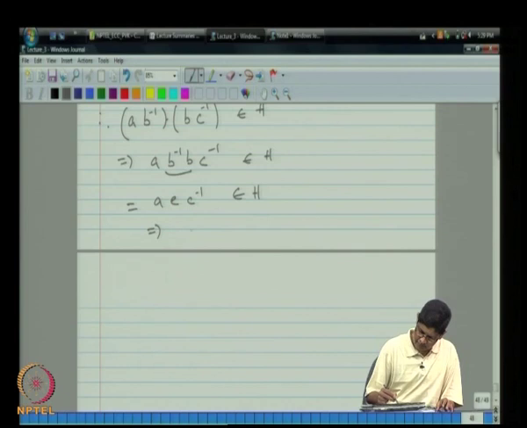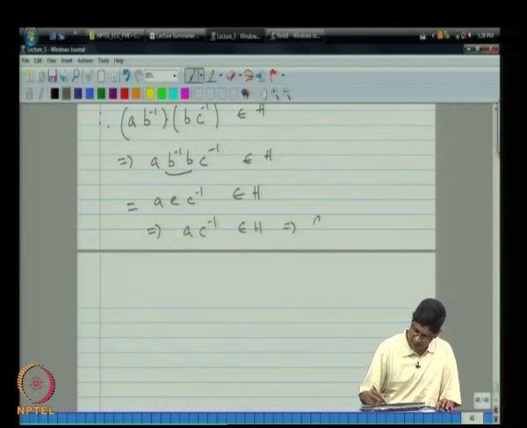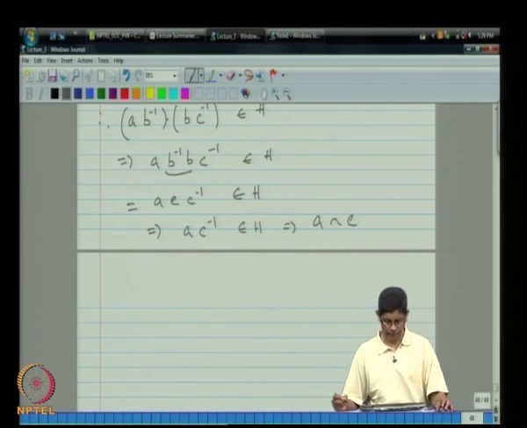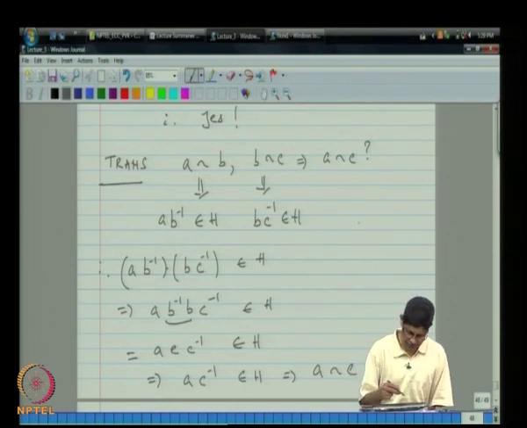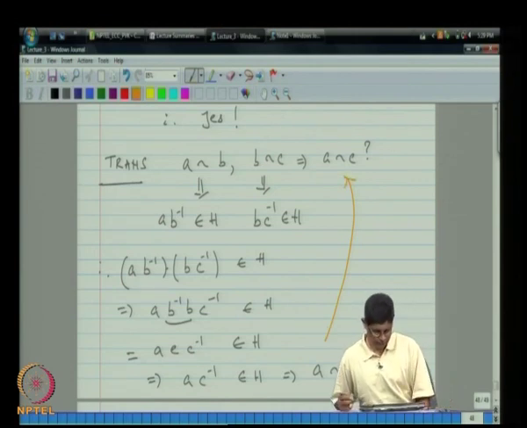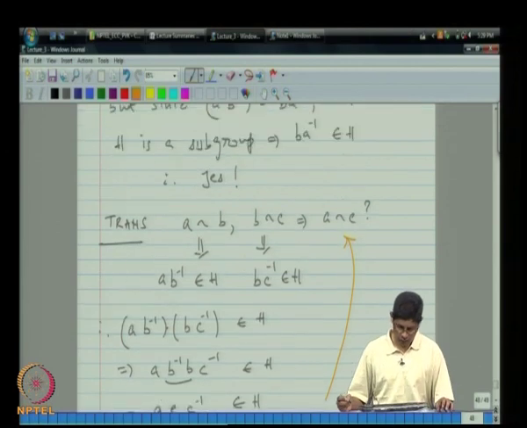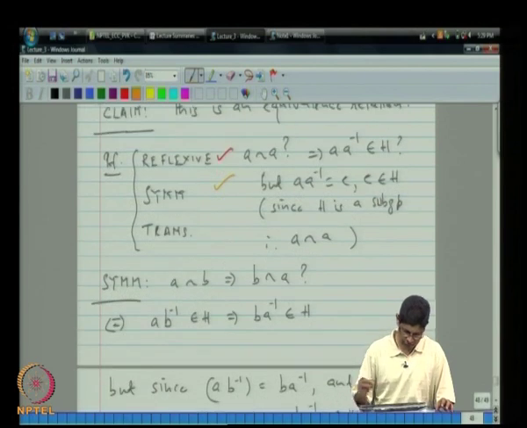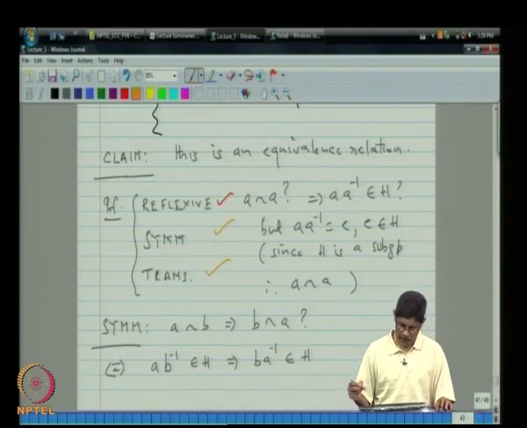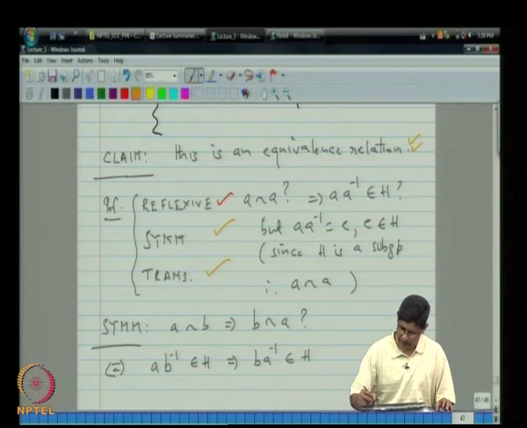So, this implies that A C inverse belongs to H, which means that A is equivalent to C. Okay. So, we have actually proved what we wanted to prove. All three properties are satisfied. So, we will put a tick mark on this one as well, and so we have established that this is an equivalence relation.